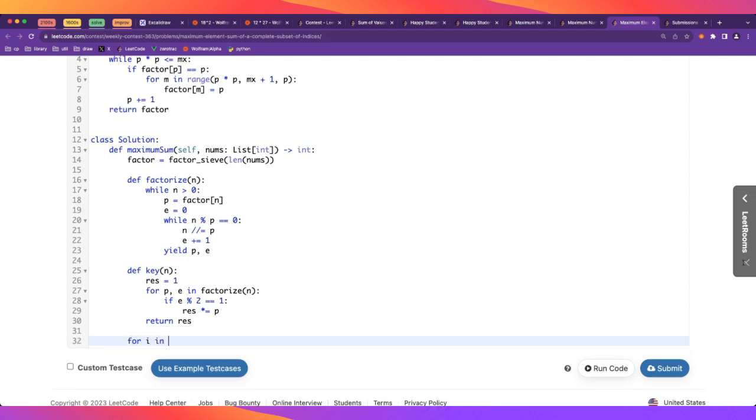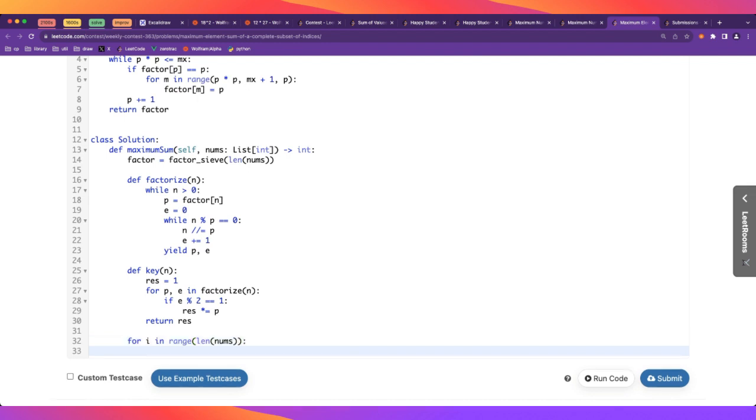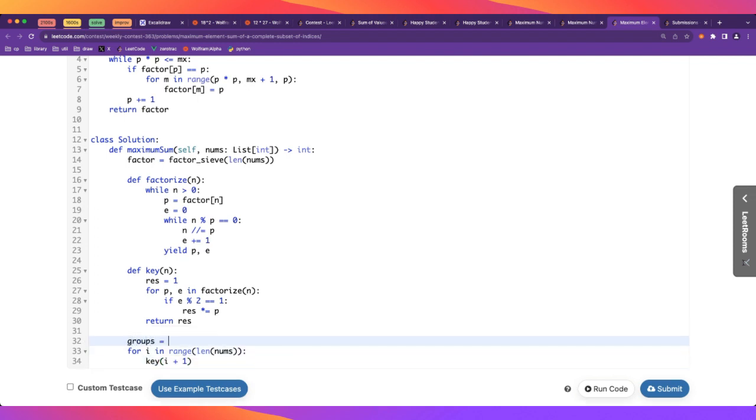So now we go over all the indices, and the key is this. So we're gonna group them. Let's use a counter because we're gonna add up there.